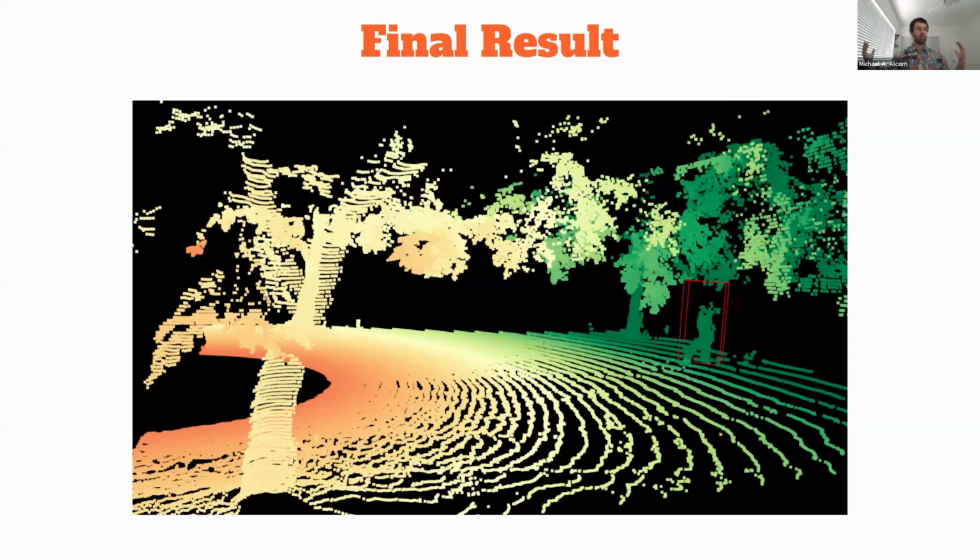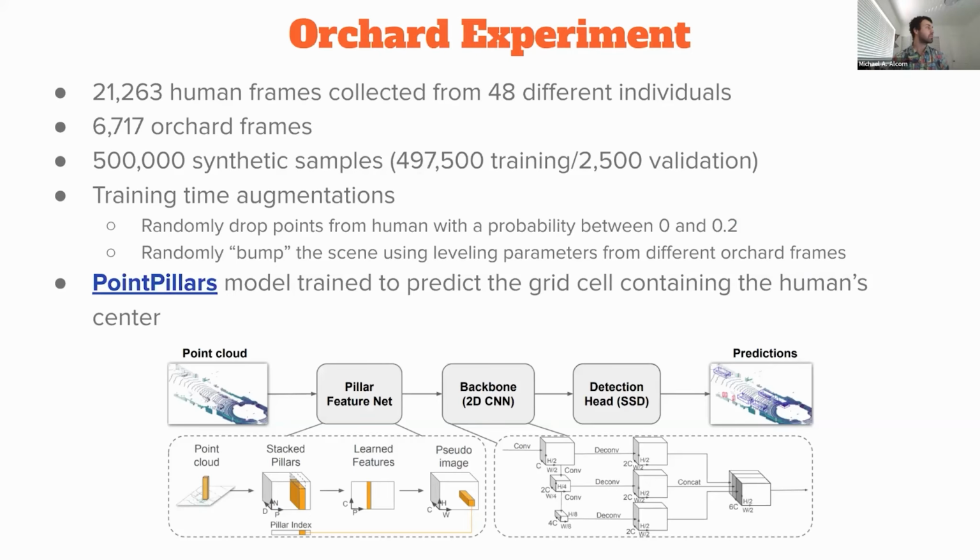Again, we have taken this combinatorial explosion of possible data and reduced it to a much smaller amount of samples that we need to actually collect, but we can still generate this diversity by combining these pieces in a clever way.